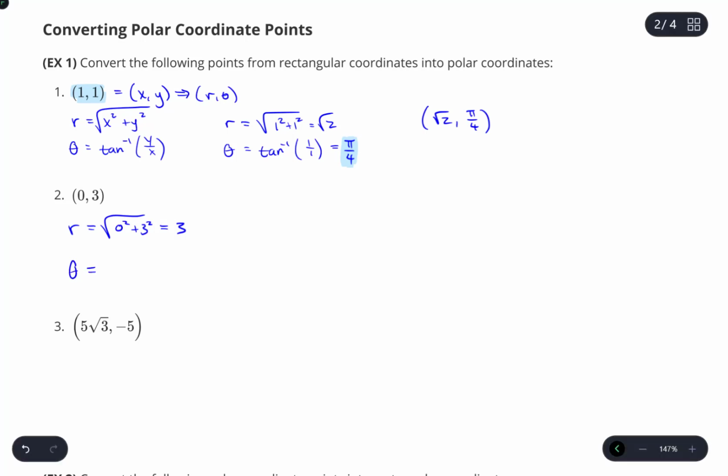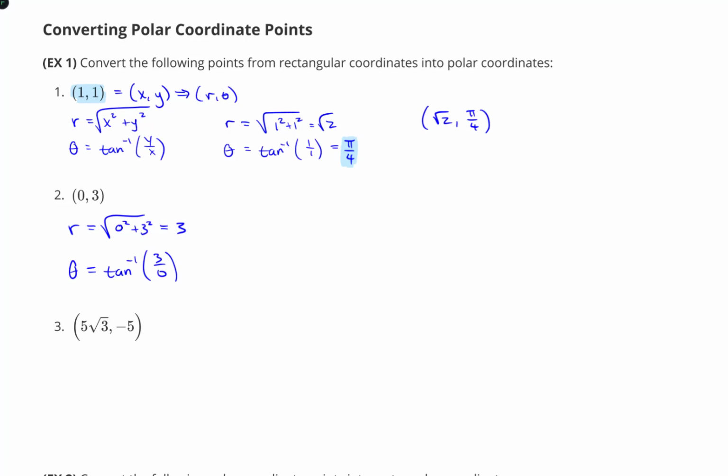And then theta is going to be the arctangent of 3 divided by 0, which doesn't make any sense because this is division by 0 and it's undefined. But there are certain points where arctangent is undefined, or tangent is undefined.